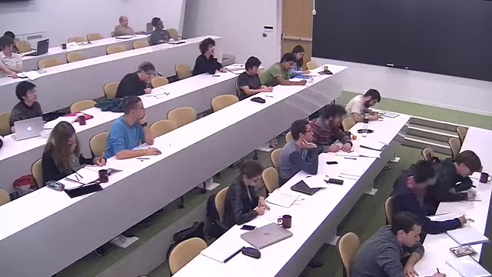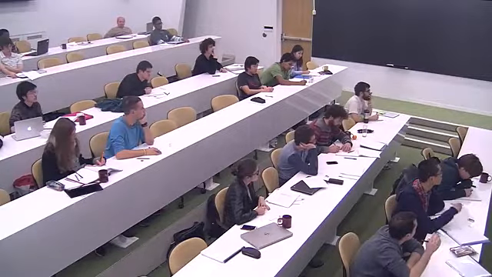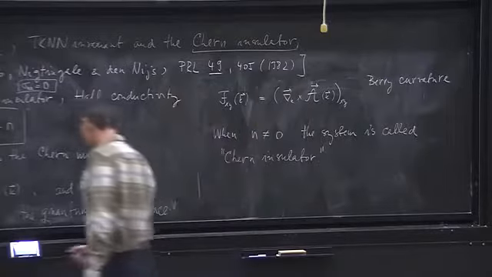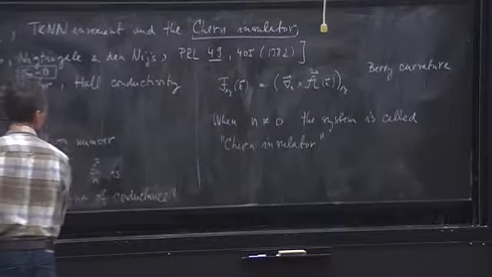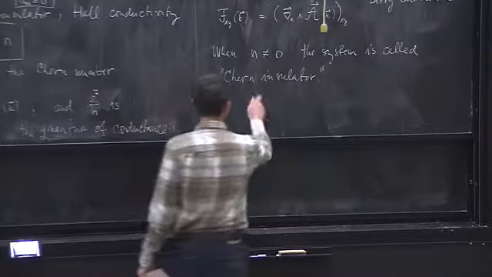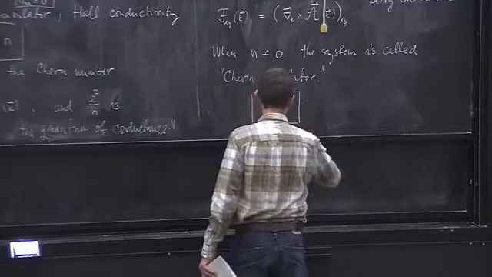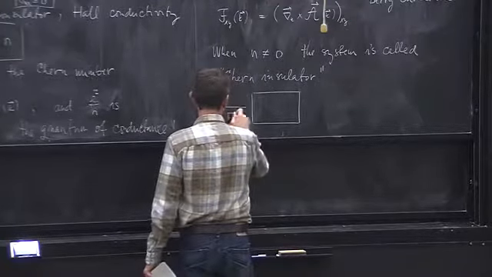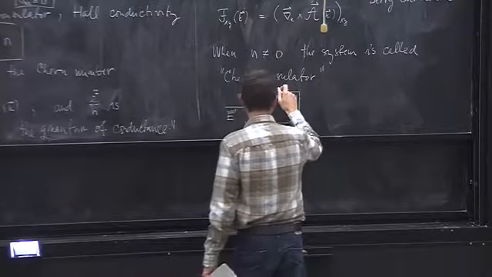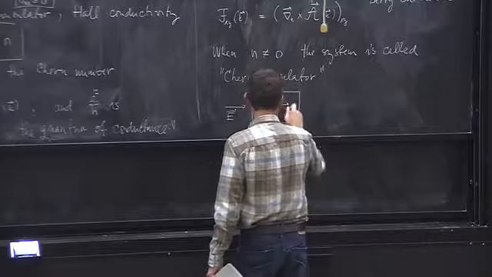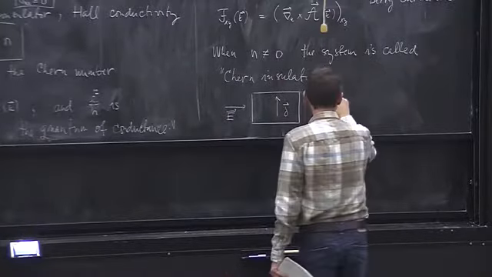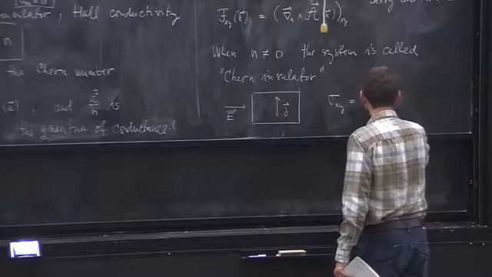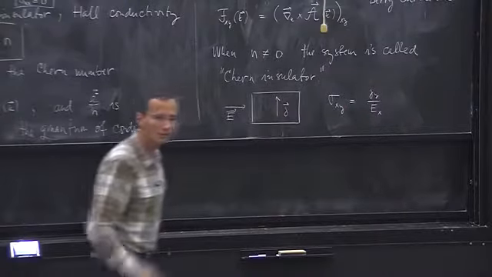Okay, how many people don't know what Hall conductivity is, by the way? Okay, let me remind you of that. So Hall conductivity: you take a sample, a two-dimensional sample in particular, and you apply an electric field along the x direction, and you study the current response along y. So sigma xy is the ratio of jy to Ex. Okay, so it's a response.